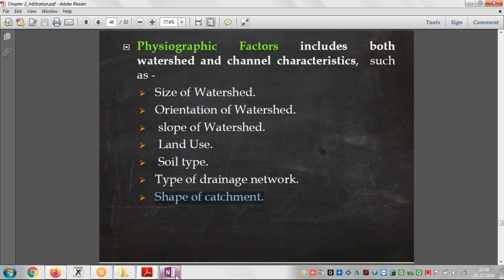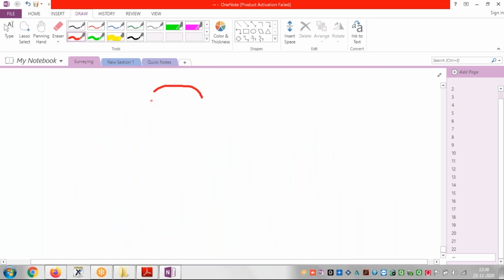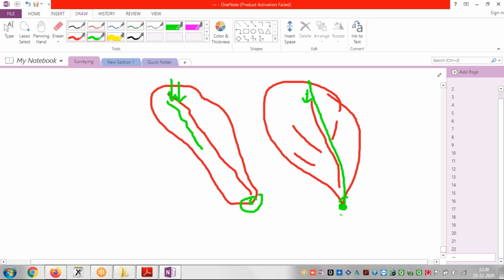Then the shape of the catchment. What I told you, catchment is of different shapes. Some of the catchments are like this, some are like this one, right? So it depends on the shape. If the catchment is very long, what will happen? Whatever rainfall occurred here will take more time to travel and reach the end point. And if it is like this shape, whatever rainfall occurs at the end will reach this point very early, right?